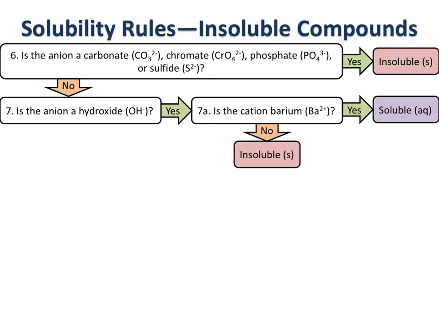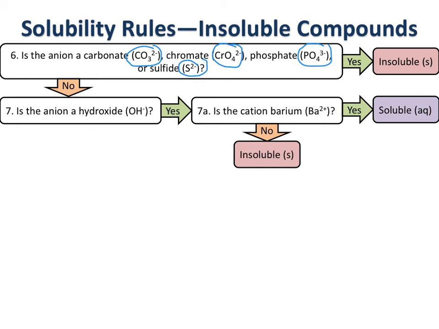This is a flow diagram of the solubility rules for insoluble compounds. Starting at question 6. Question 6. Is the anion carbonate, CO3 2-, chromate, CrO4 2-, phosphate, PO4 3-, or sulfide, S2-?